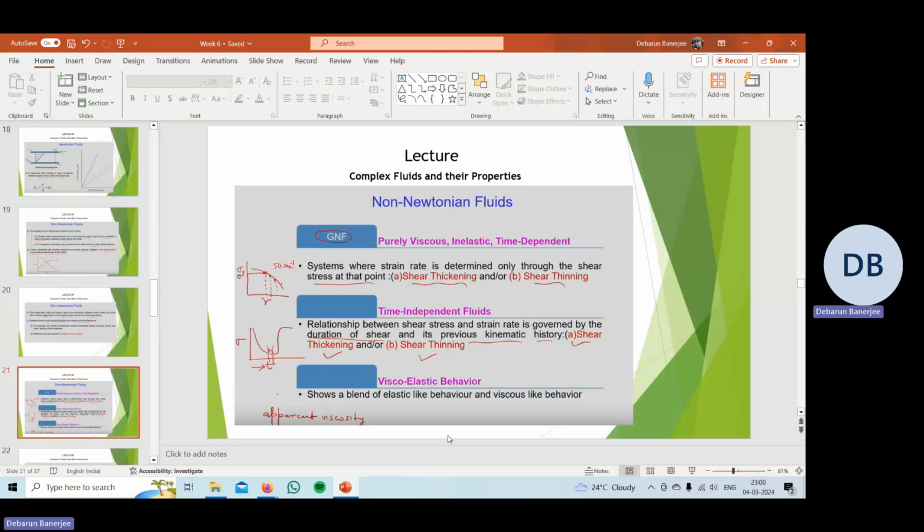The non-Newtonian fluids include generalized Newtonian fluids, which are purely viscous, inelastic, and time independent. These are systems where strain rate is determined only through shear stress at that point.